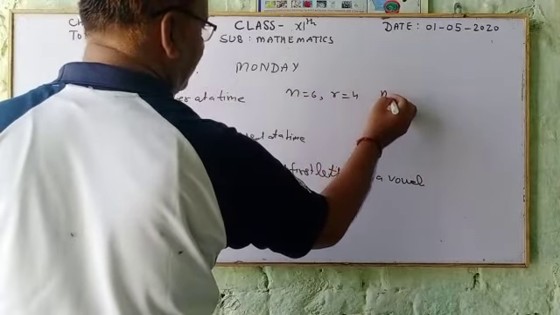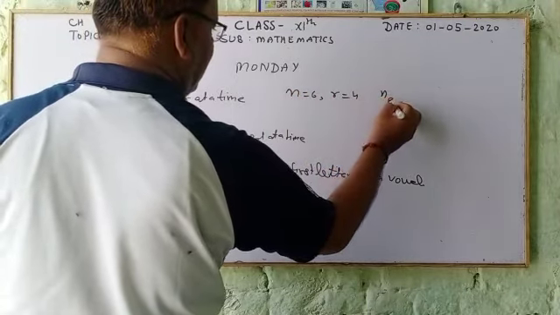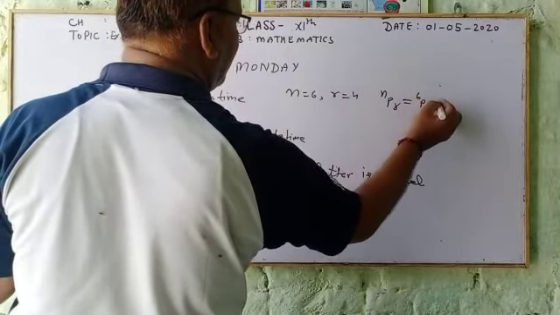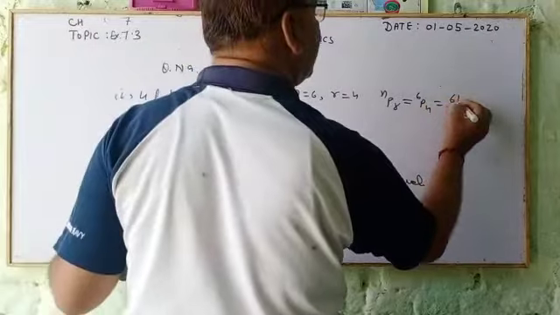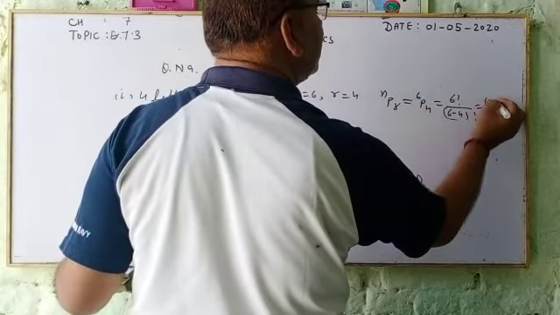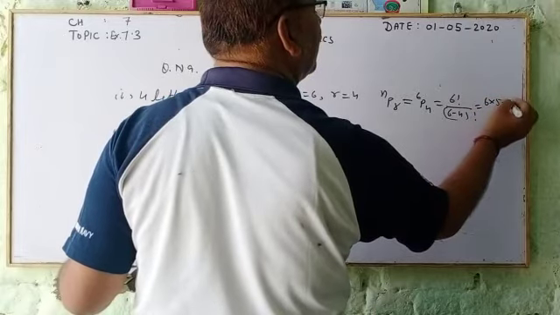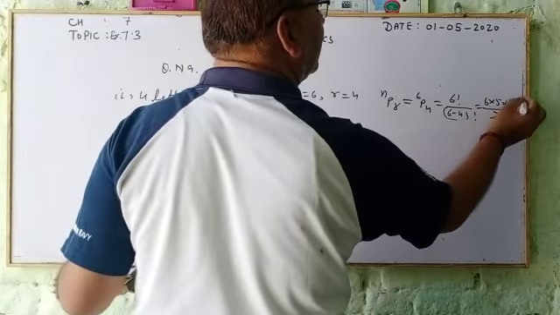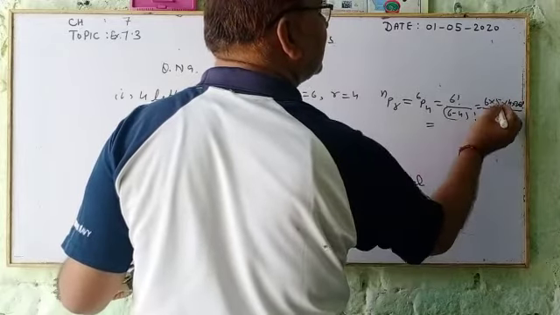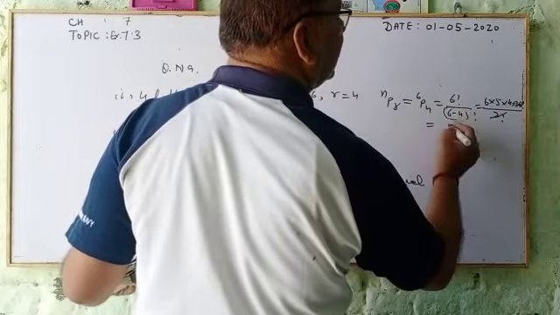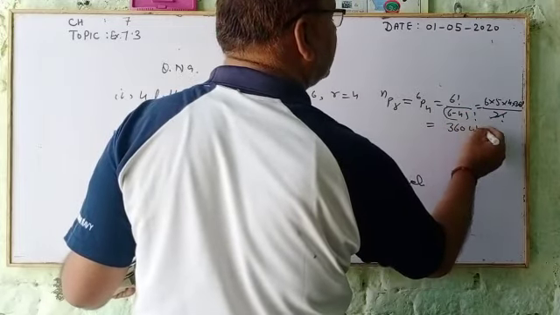So using the formula nPr, that is 6P4, that is 6 factorial upon 6 minus 4 factorial, 6 into 5 into 4 into 3 into 2 factorial upon 2 factorial. We cancel out: 6 times 5 is 30, 30 times 4 is 120, 120 times 3 is 360 ways.